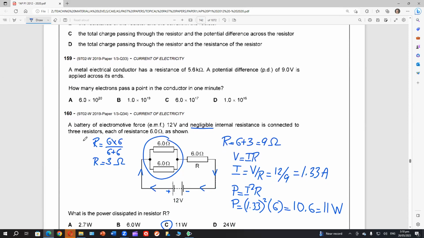A metal electrical conductor has a resistance of 5.6 kilo ohm. A potential difference of 9 volt is applied across its ends. In 1 minute, first we should find current.